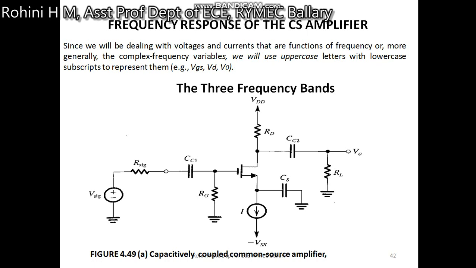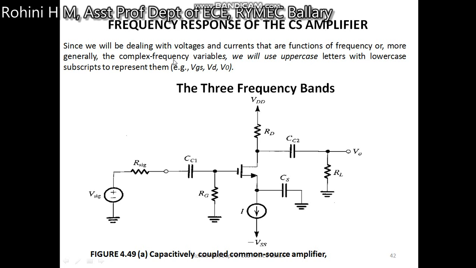Next is the frequency response of the CS amplifier. So this is the frequency response of the common source amplifier. Here there are 3 frequency bands. Since we will be dealing with voltages and currents that are functions of frequency, we define them as functions of frequency.